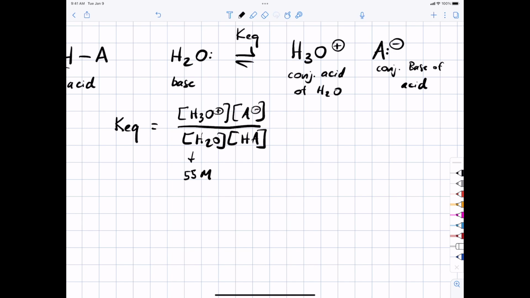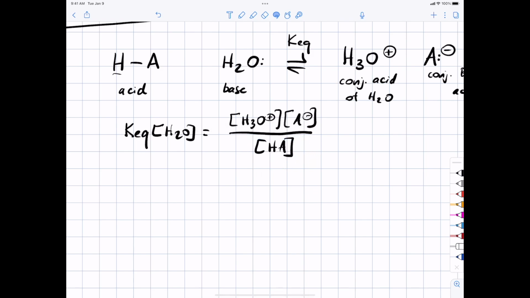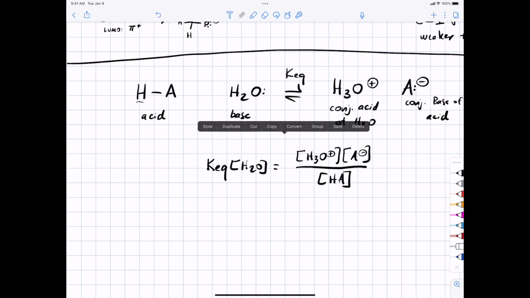And so what we will do, because we like to group constants together, is multiply both sides of the equation by the concentration of water. Okay. So we're going to fold the concentration of water into our equilibrium constant. And now we've got something that looks a little bit more familiar. This is the so-called acid dissociation constant, Ka.